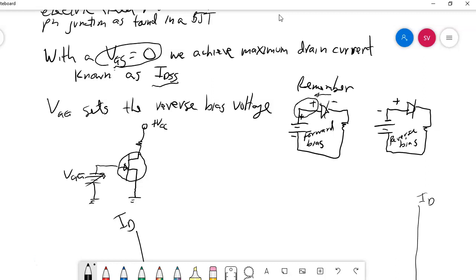Now the electrons are over here, and the negatively charged electrons will be attracted to the plus end of the power supply. Now we're promoting current flow in a single direction. This is forward bias, and that's the reason why the polarities have to match.